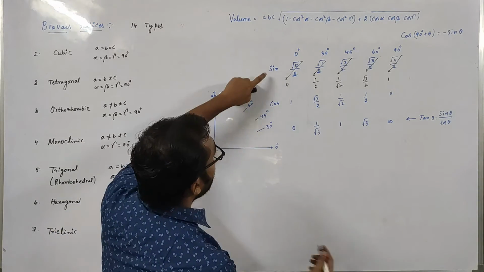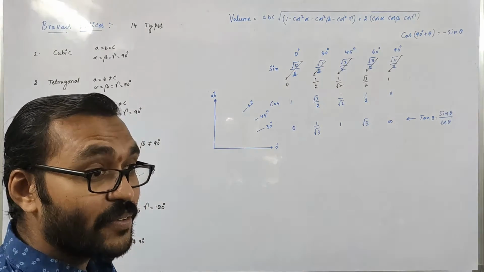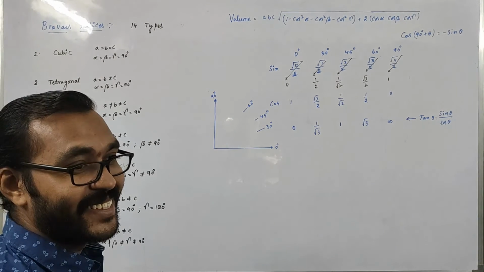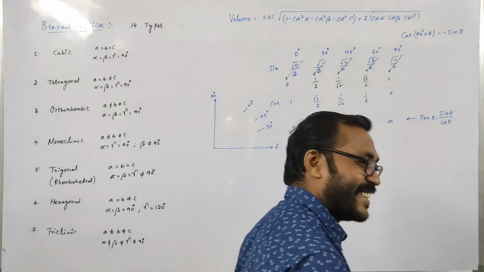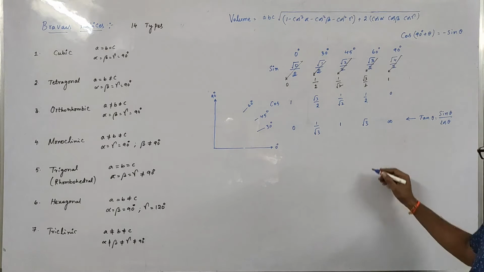Now, secant means the reverse of cos, and cosecant means 1 by sin.